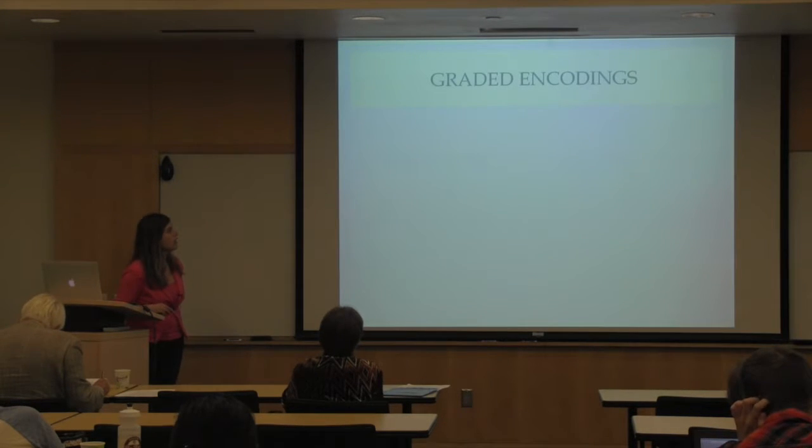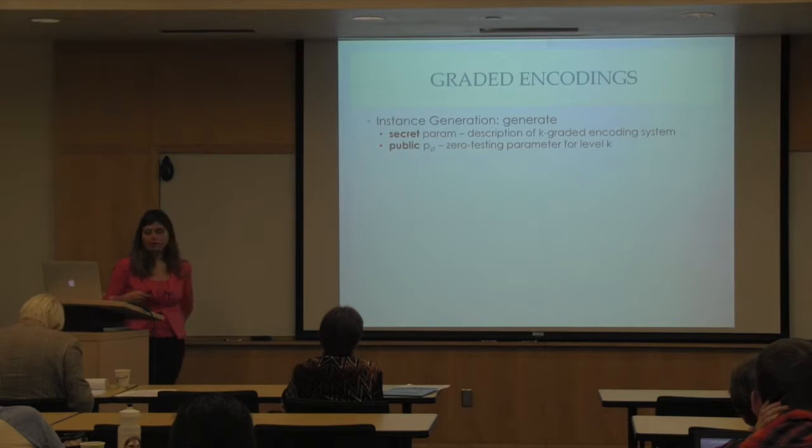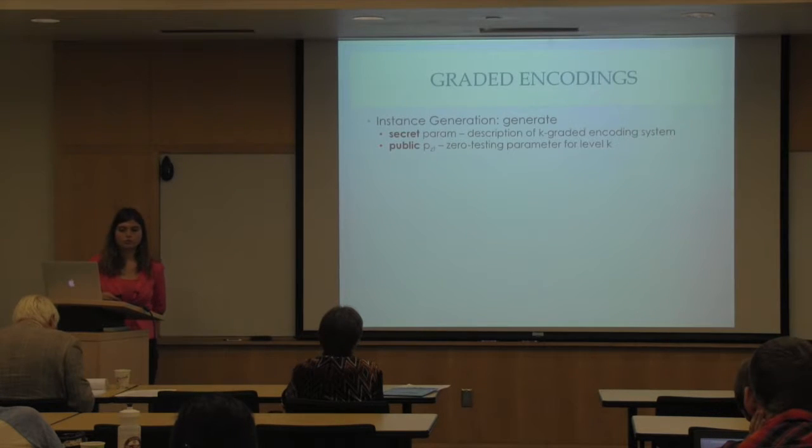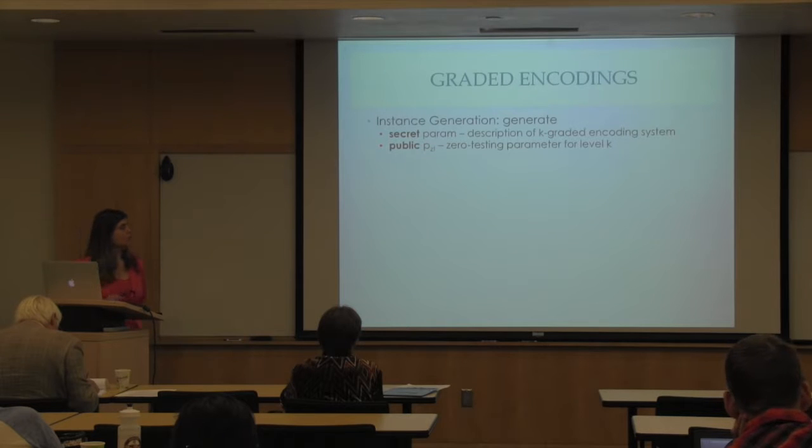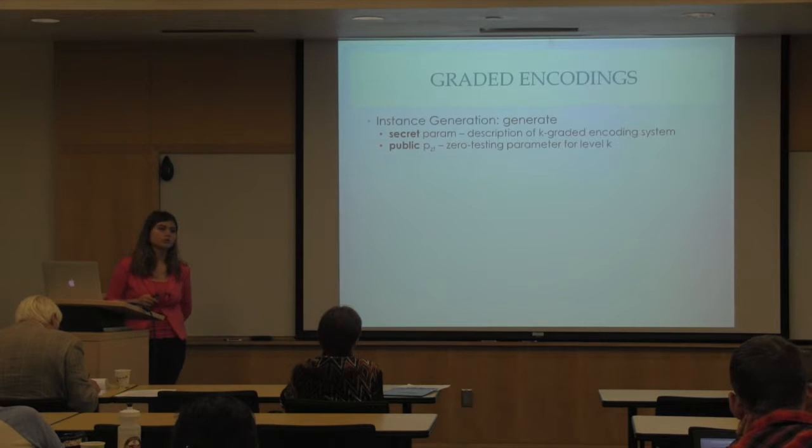So now, if we want to define again the algorithms that we need, we have our instance generation algorithm that produces parameters that are the description of the K-weighted encoding system. Note that now we require that this parameter is flexible.